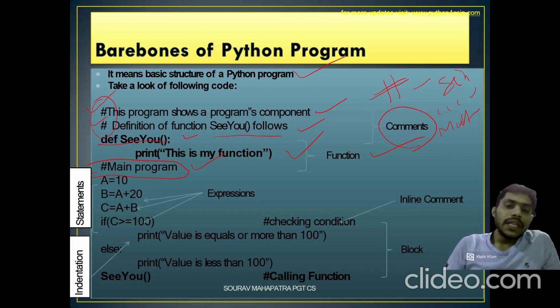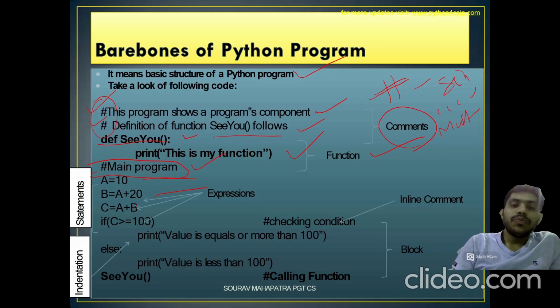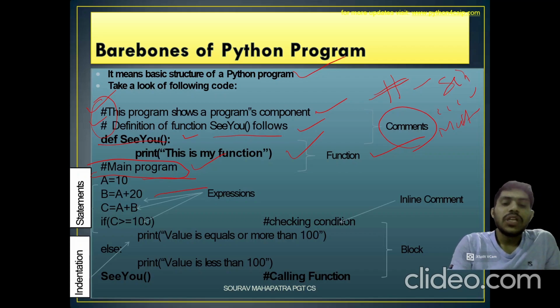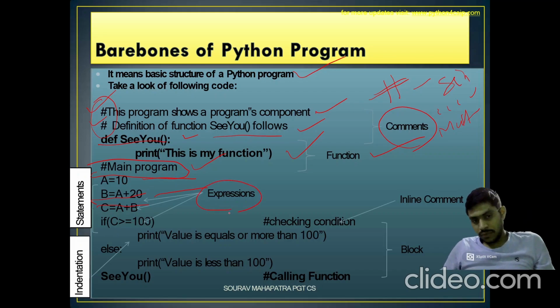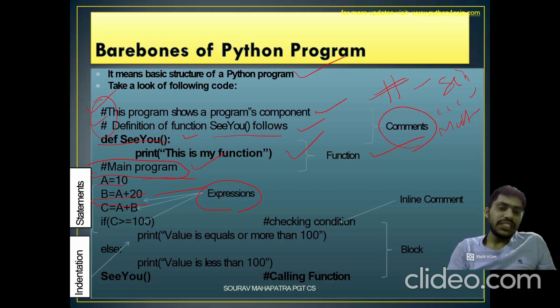Then you can see a equal to 10, b equal to a plus 20, c equal to a plus b. These are all called expressions. Okay, and a equal to 10 is one statement.